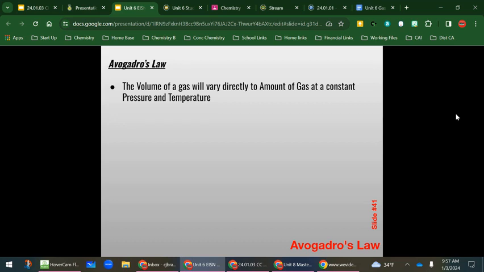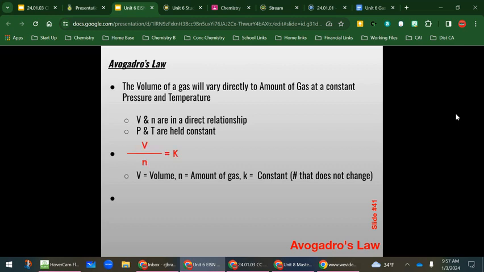Avogadro's law, volume and amount of gas are directly related. Which means, ladies and gentlemen, V and N are in a direct relationship. P and T are held constant. And V over N equals a constant. Now at STP, what is that K?